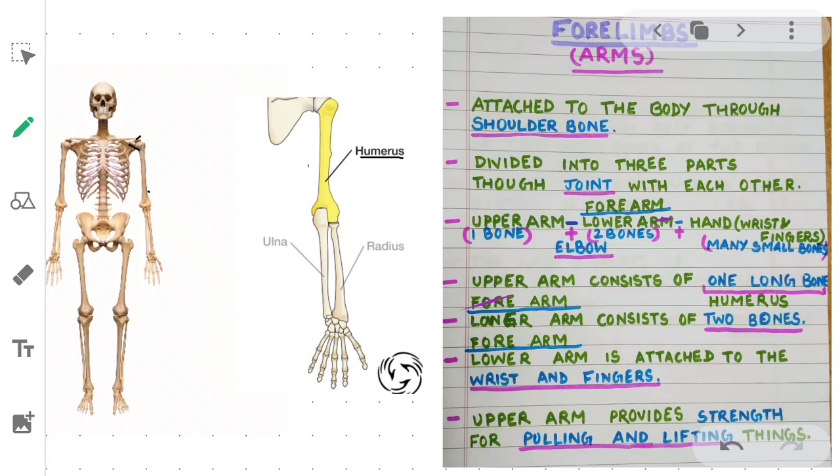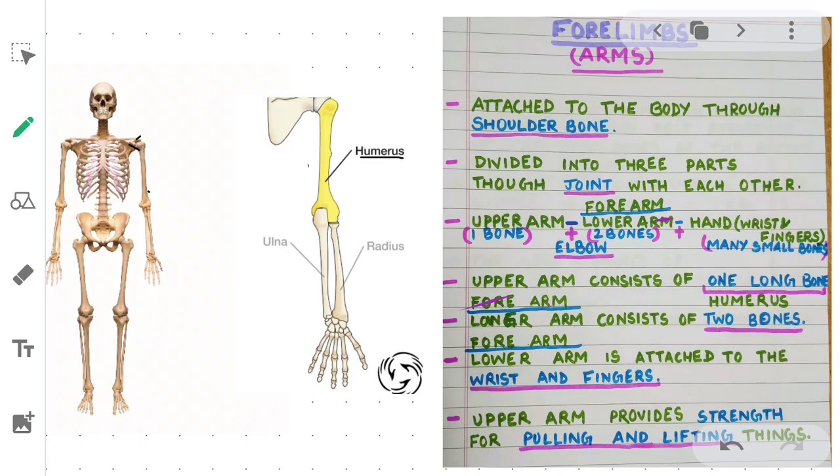As you can see over here, there are different points that I have written down. You don't need to write it. So these are the important points that you need to know about the forelimbs. You can see in the diagram the forelimbs and the hind limbs.